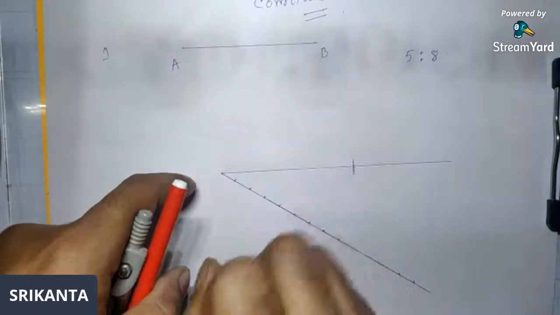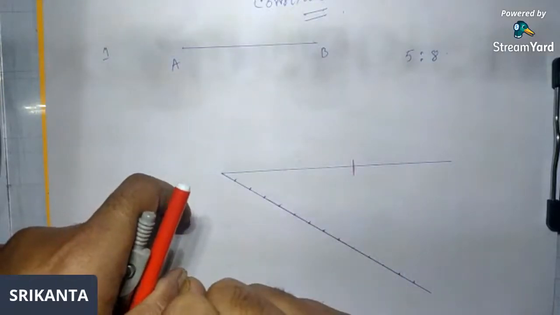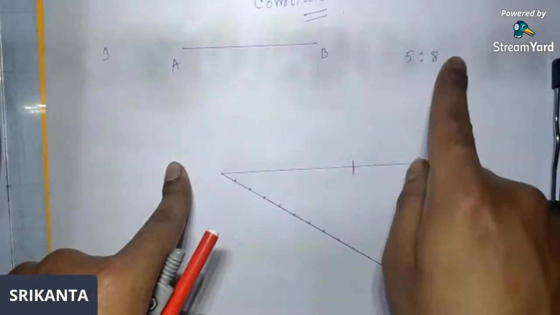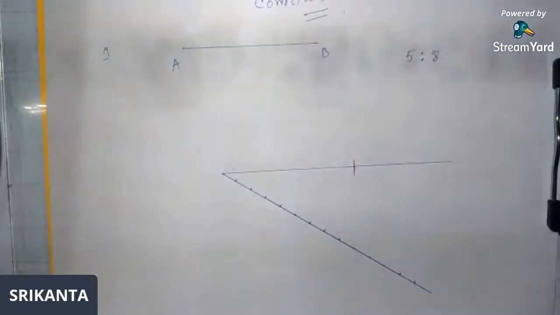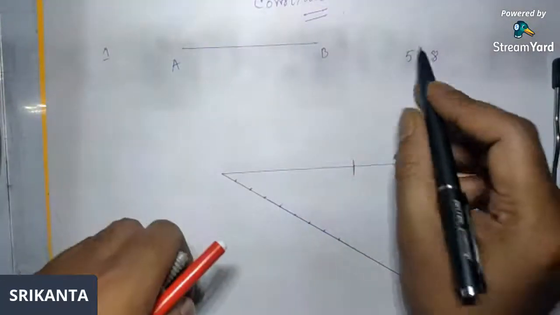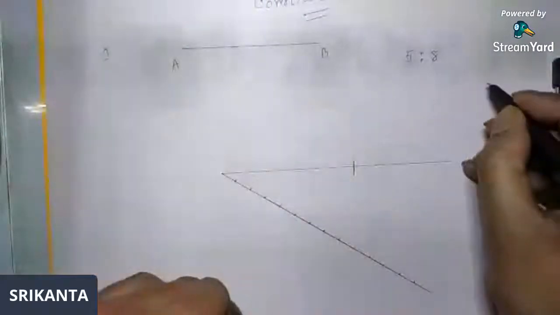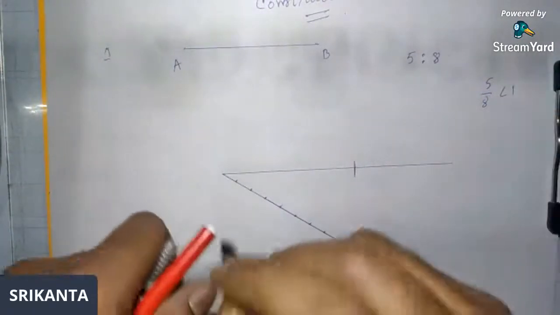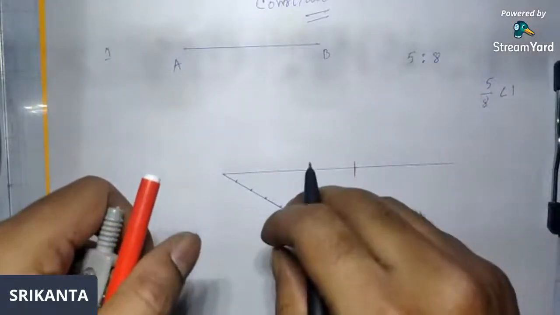This portion is bigger. So when we have to divide this in a ratio which is less than 1, now see, 5 by 8 is less than 1. Is it not? Yes, it is less than 1.